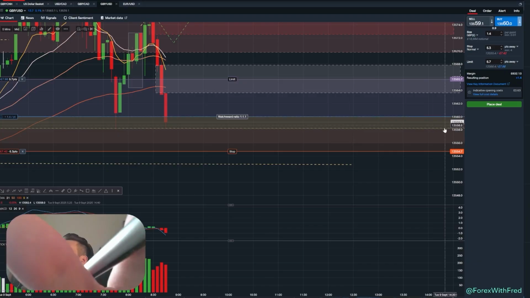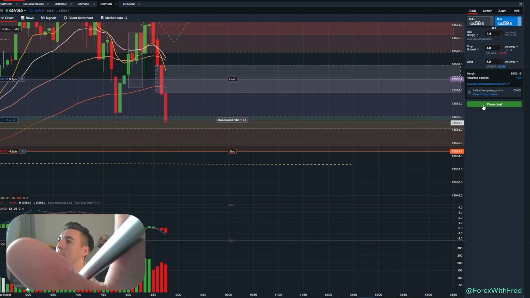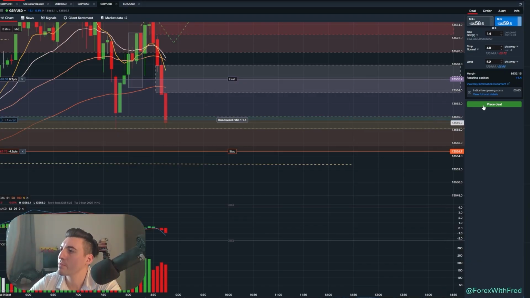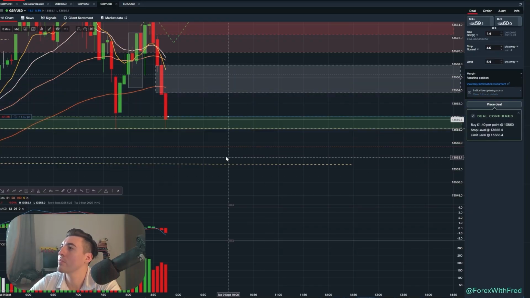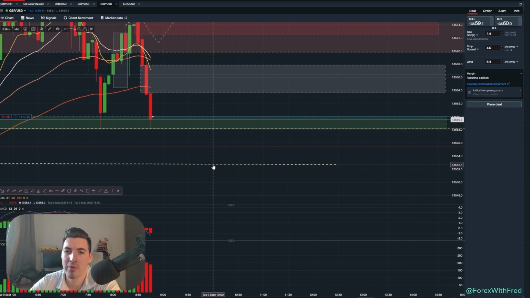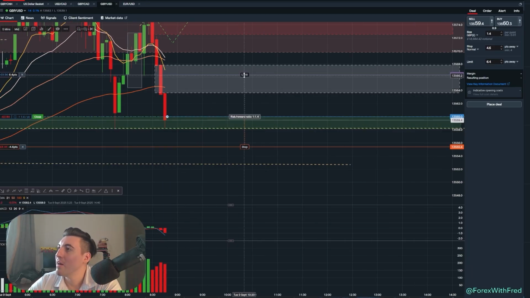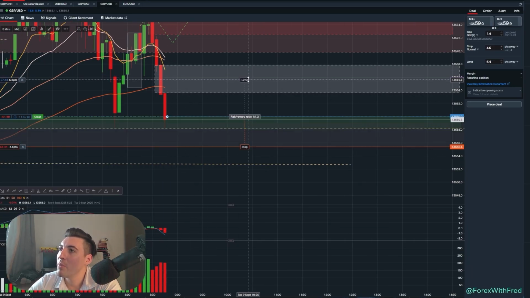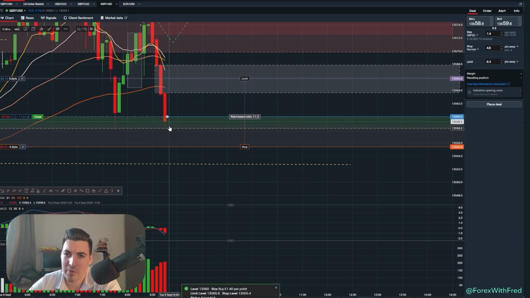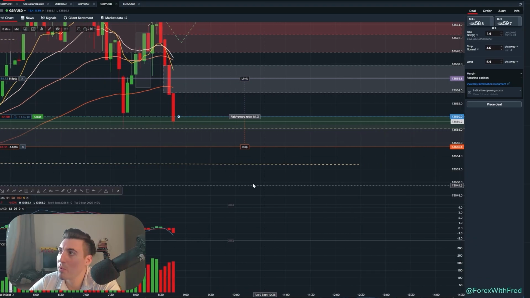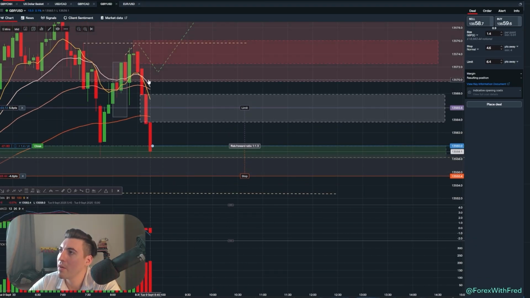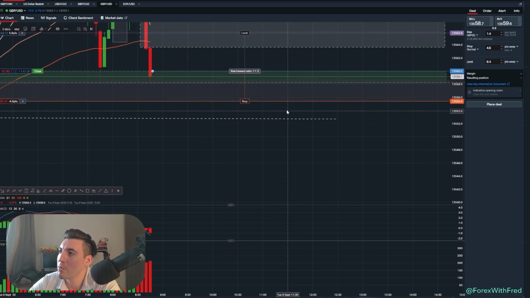And see if we return to that fair value gap. Going for another quick short, long position. Hopefully we will hit this fair value gap, so hopefully it will return to here before pushing down again. So once we do end up back here, I may want to continue with a short position.